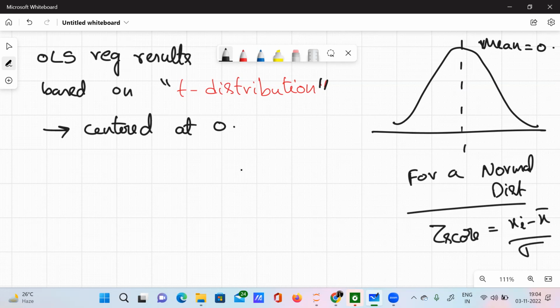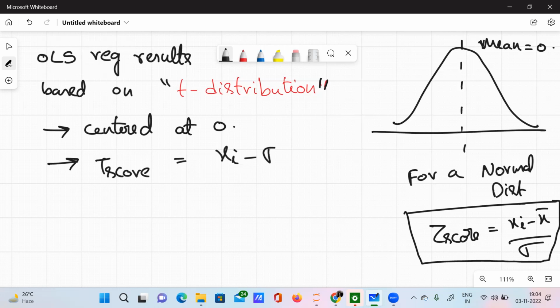So this is the z score when it is about a normal distribution. But here this is the t distribution, so instead of saying z score, we will say t score, which is xi minus x bar by sigma here.